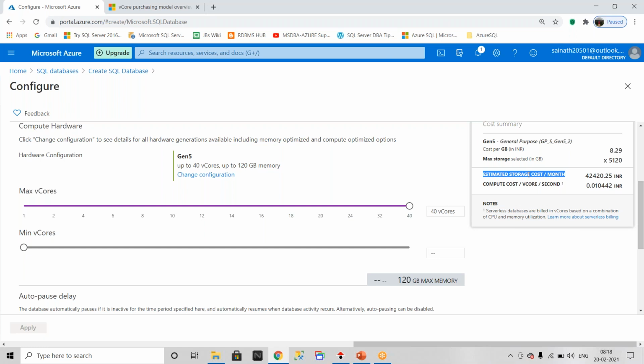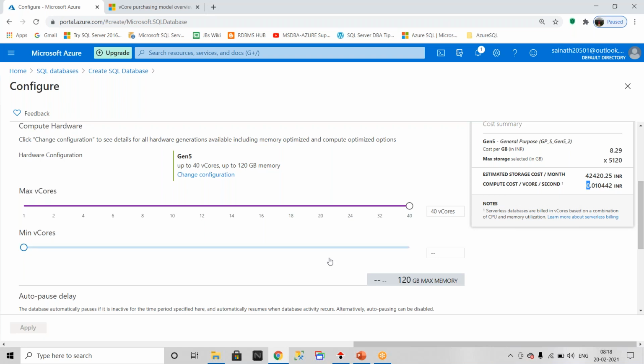Not getting it? Jitendra, clear? Microsoft is not charging for your core, RAM, vCore; it charges per second, so the cost is very low. How much is Microsoft charging for 40 cores?